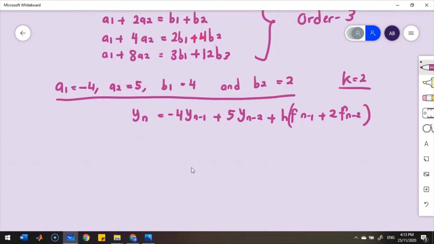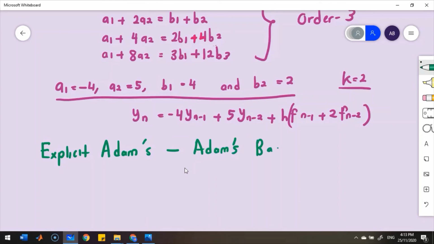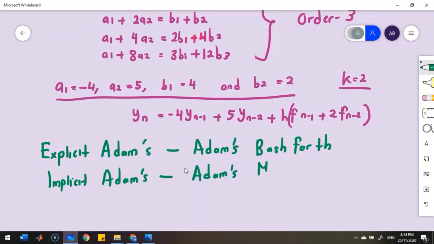Now what is Adams? This is Adams-Bashforth. The two types of method that you learn are Adams-Bashforth and Adams-Moulton. The explicit Adams method we call Adams-Bashforth, while the implicit Adams method we have Adams-Moulton.